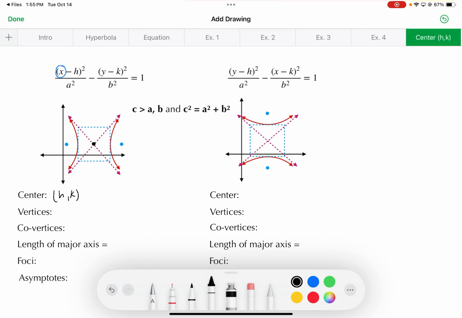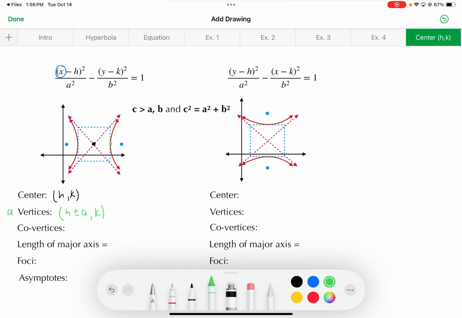So for your vertices, they come from the a value, which is that first denominator. If I am opening left and right, that means from the center, I have to move a units right and a units left to get to the vertices. So the coordinates are going to become (h plus or minus a, k).